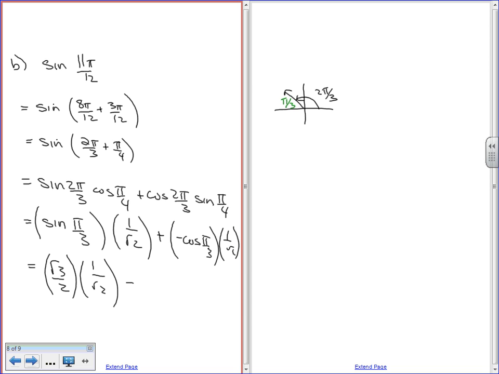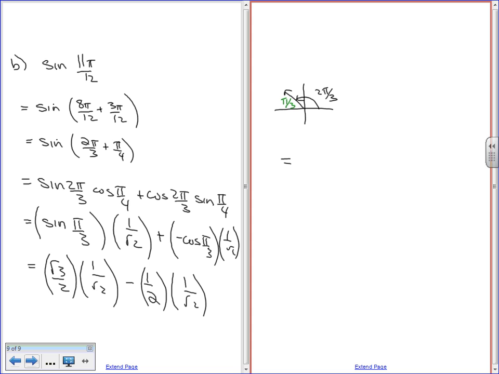And then the cosine of pi over 3 is the adjacent side over the hypotenuse, which would be 1 times 1 over 2. So now it's just a matter of multiplying the first fractions, multiplying the second fractions, and then combining it into a single fraction.